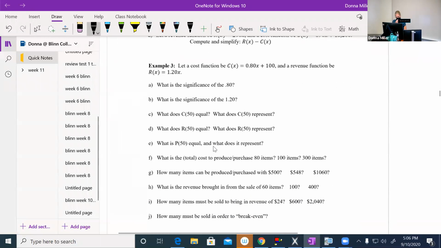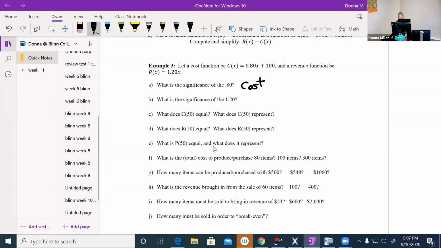Okay. So now we got a whole bunch of questions. I'm going to see what you guys can do with this. All right. So they gave me a cost function, they gave me a revenue function. Question A, what's the significance of the 0.8? What is that? It's the cost of what? Per item, right? It's the cost to make an item.